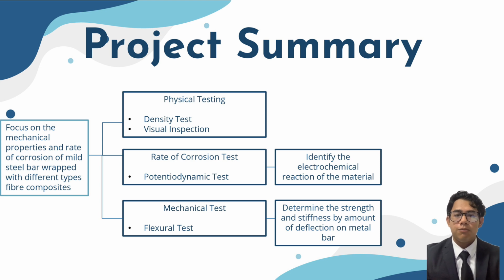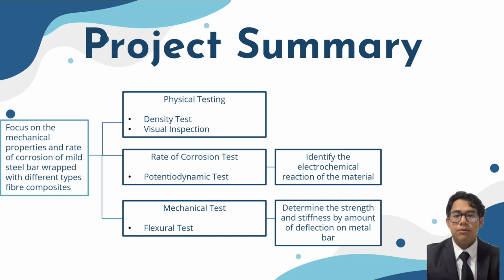Our focus for the project is to determine the material behavior of the mild steel that is wrapped with different types of fiber composite. In this project, there will be 3 tests conducted. First is the physical test, where density test and also visual inspection will be conducted.